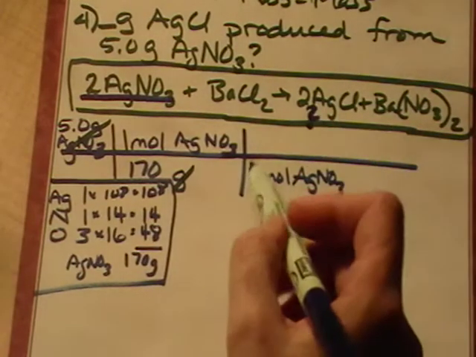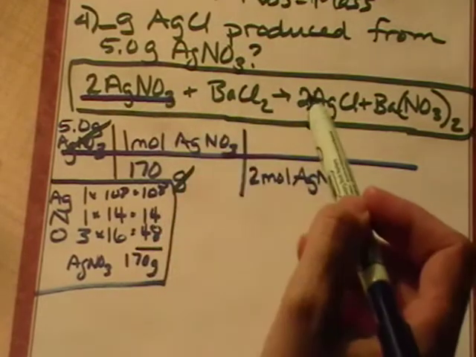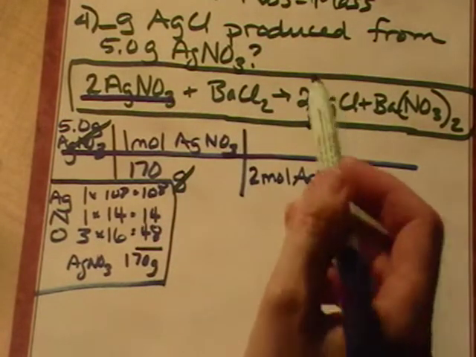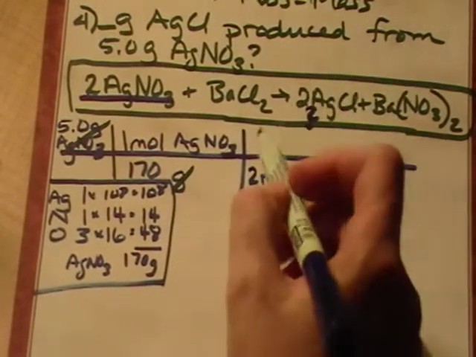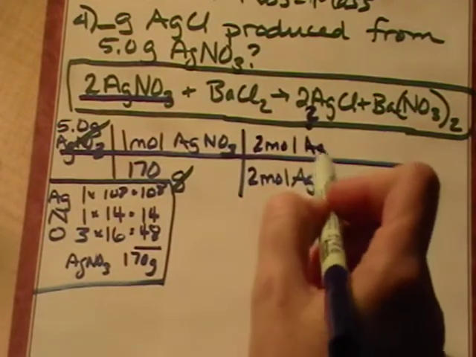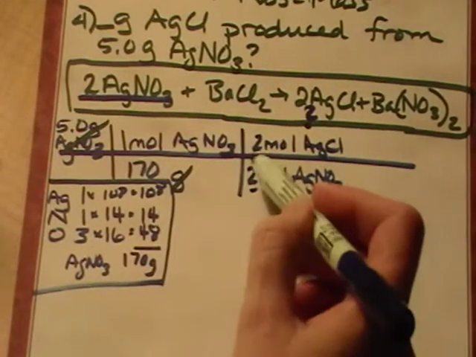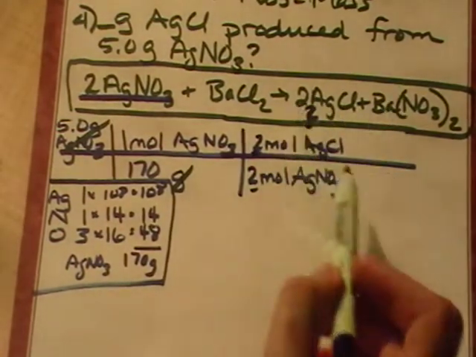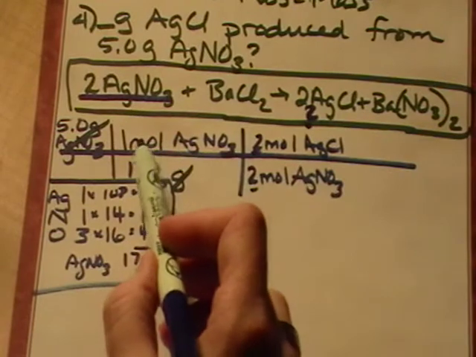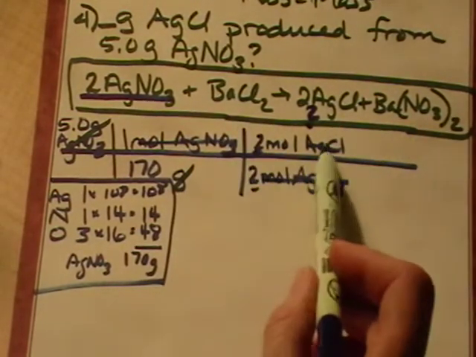And in the same reaction, I'm going to see that I have 2 moles of AgCl. So you see how I used the equation to get these numbers right here. And then when I'm done, just like before, moles of AgNO3, I can cross those off. Now I've got moles of AgCl.